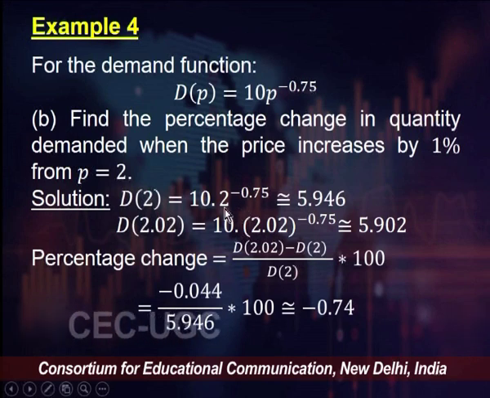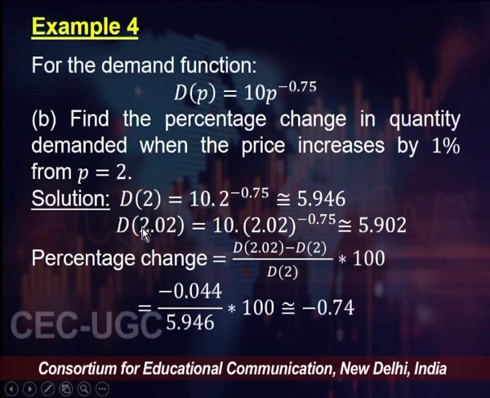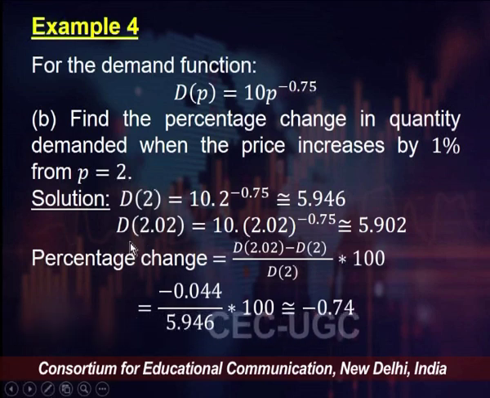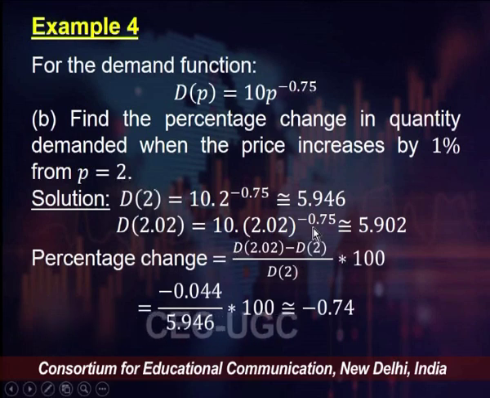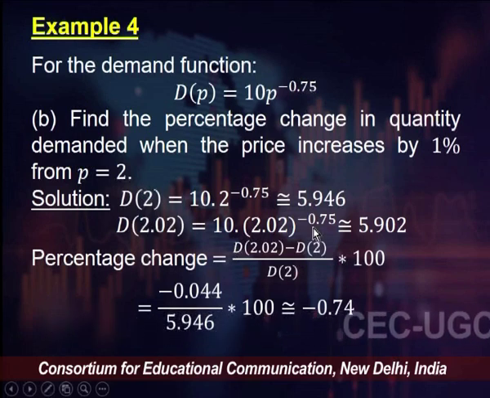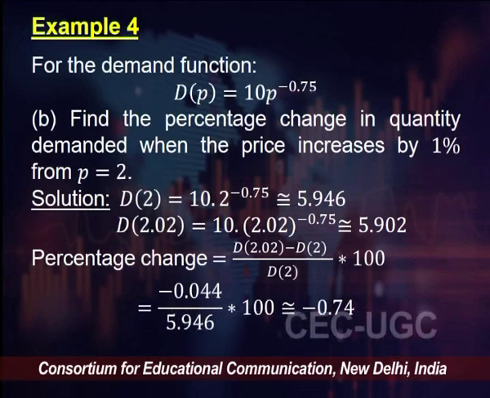The new price, because price has increased by 1% from p equal to 2, is going to be 2.02. So D of 2.02, if we calculate, comes out to be 10 times 2.02 to the power minus 0.75, and when you calculate you will see that is approximately equal to 5.902.